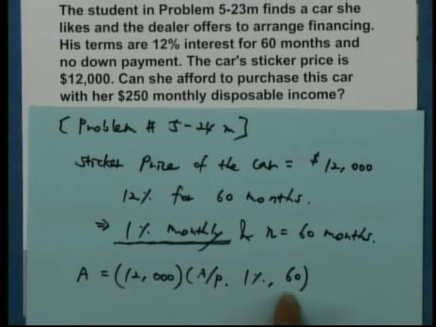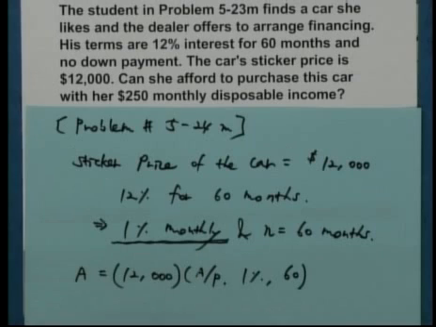Okay, what about this table value? 1%, A given P over 60 periods. That is 0.0222.